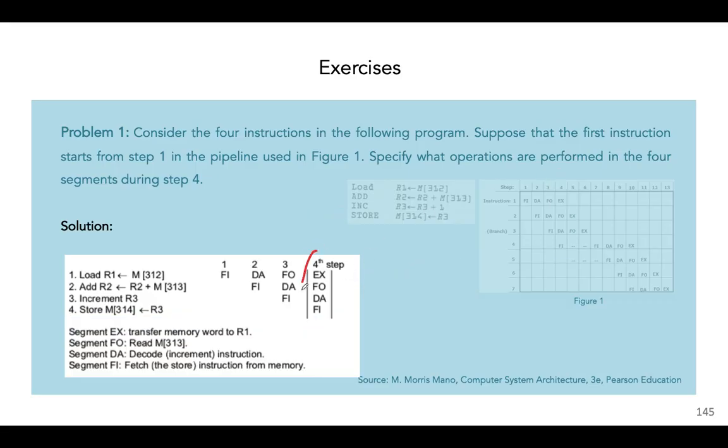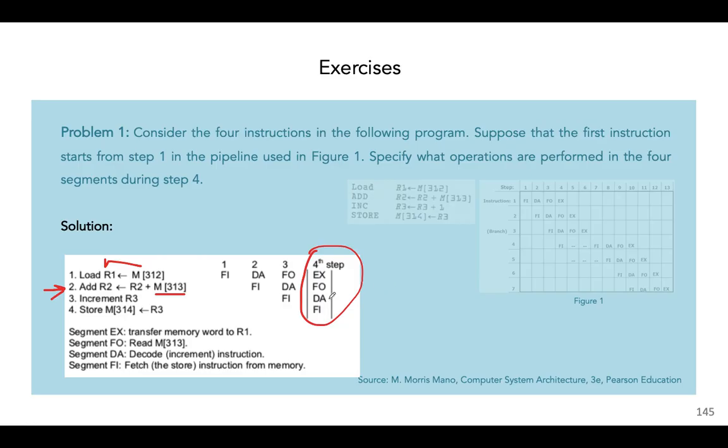So what we can see from this, what's happening in the fourth step? First instruction is being executed. That means memory word is transferred into R1, right? This memory word is loaded into R1. For the second instruction, it is in the operand fetch phase, which means this memory word is being read.